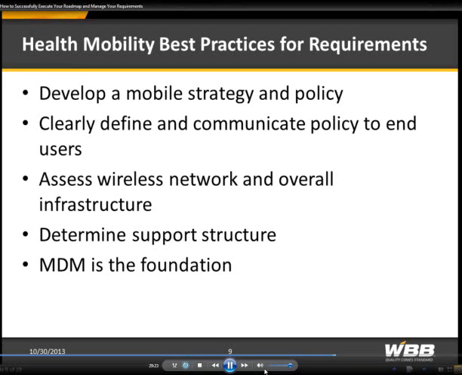Determine that support structure. What is going to be that support structure? If nurses are going to rely on that, what are going to be the fallback options? If one nurse does not respond to critical patient health information being transmitted, what time lag exists before that same information is passed on to other nurses who are not on duty, or to the physicians who are on duty or not on duty? A lot of that is very important.